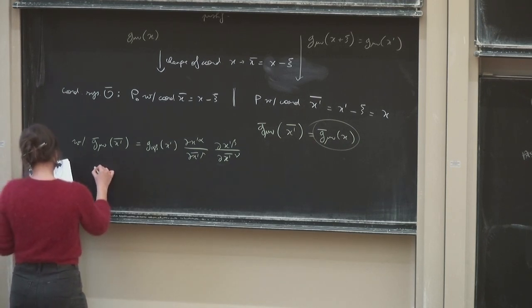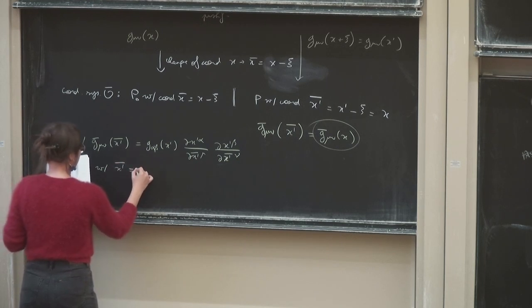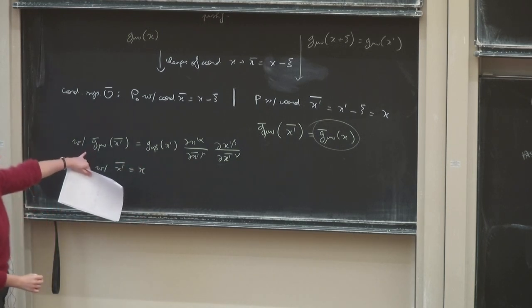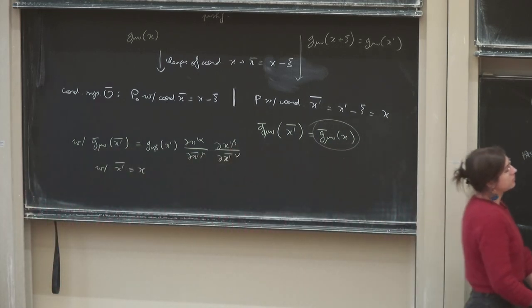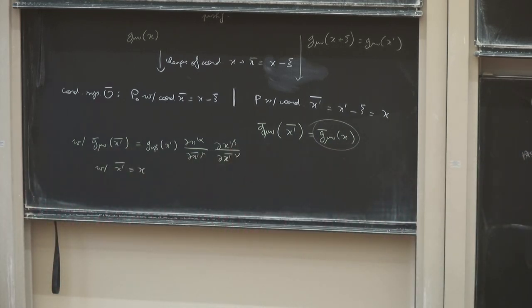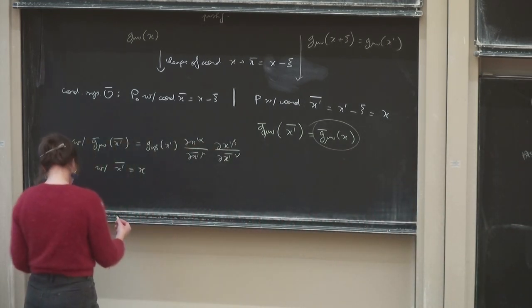And then I make the choice of O bar being precisely the frame that measures this point to now be at its coordinates x. So you make the choice that x prime bar is x.